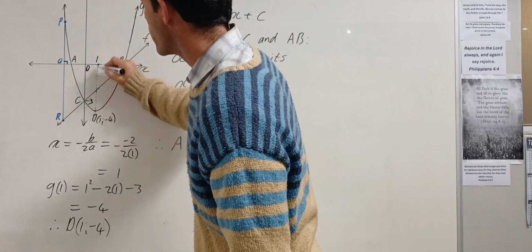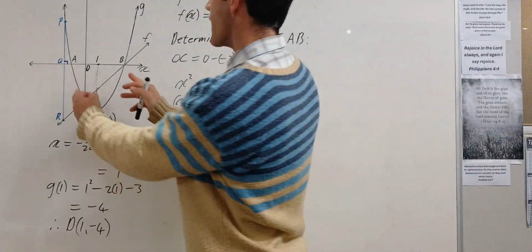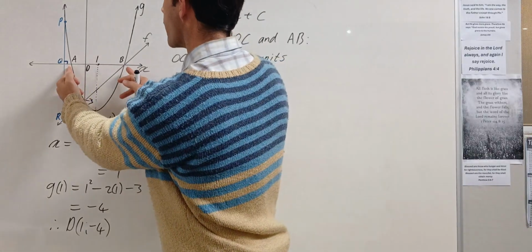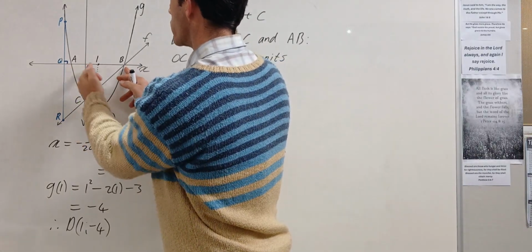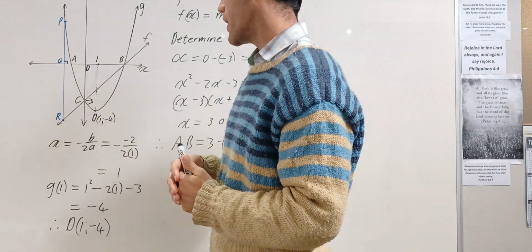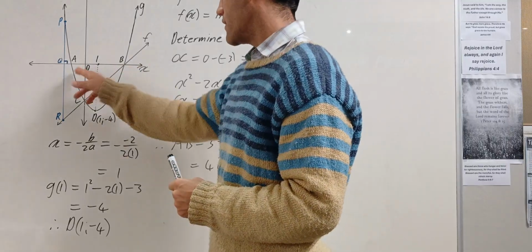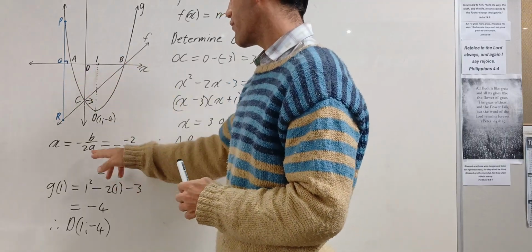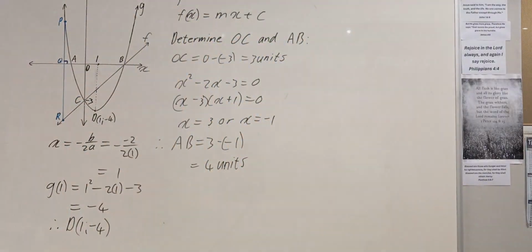So 1 is your x value, -4 is your y value. Like I said, the other option is add the 2 x values. -1 plus 3 is 2, and then divide by 2, which also gives you 1. So there's 2 ways to find the turning point. When you have the sketch, you can find the x-intercepts, or you can use -b over 2a when you have the equation. And then you get the turning point D.